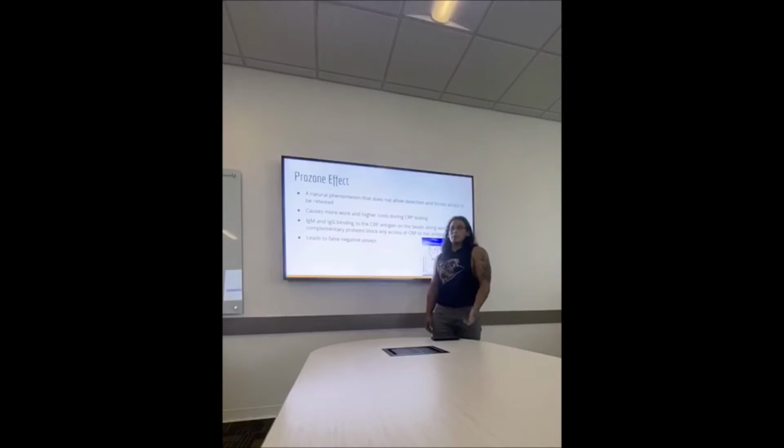Currently, the problem in latex agglutination assays is the prozone effect, which is a natural phenomenon that does not allow detection, and it makes the assay need to be retested and washed multiple times. This causes more work and higher costs during CRP testing.